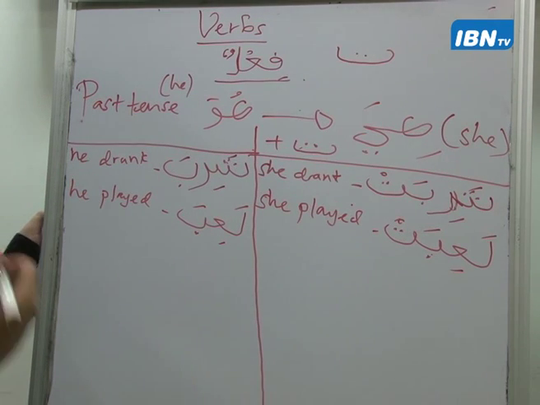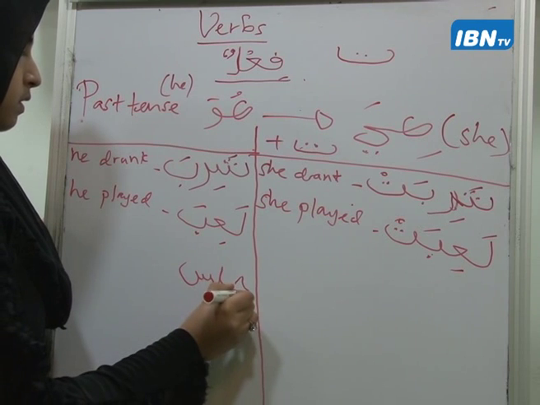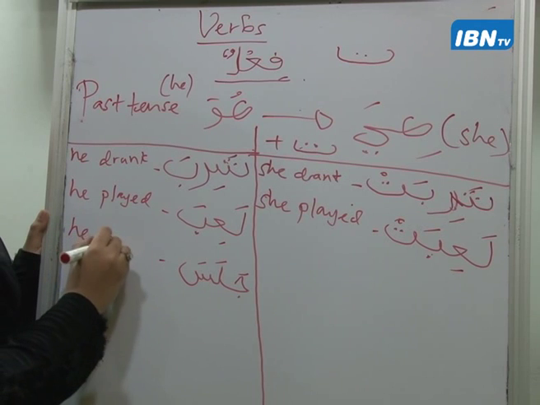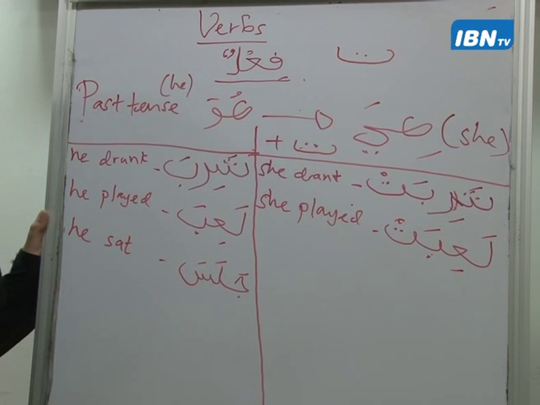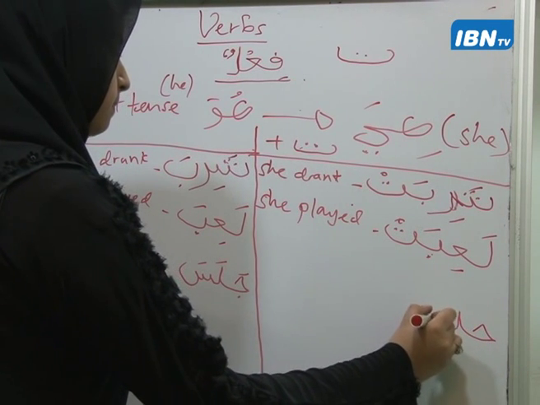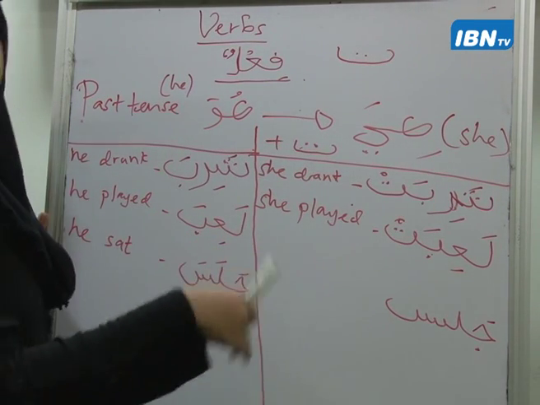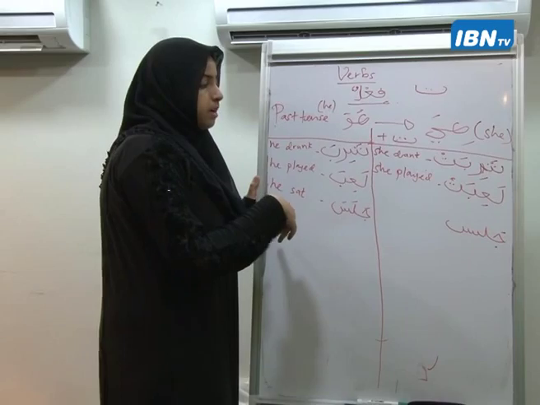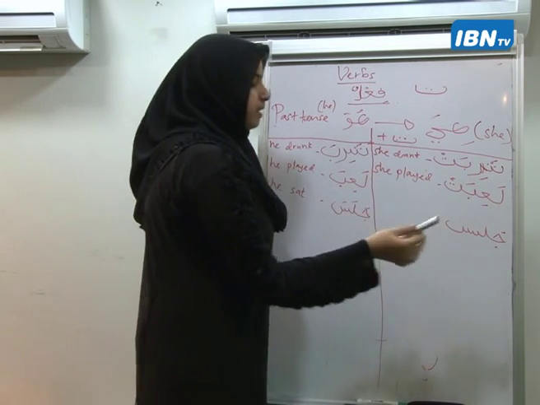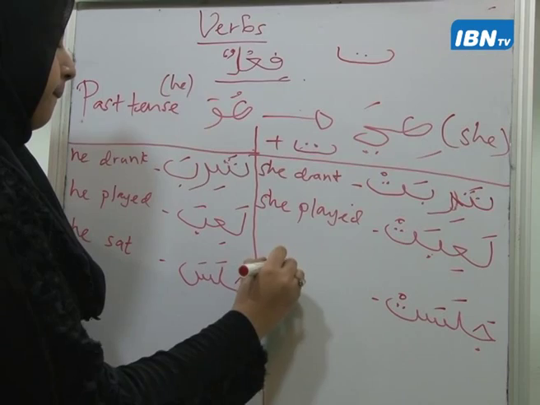Then I have jalasa, which means he sat. So I'm going to have jalasat. Notice it's the same trend. The only thing I'm doing to this verb in the masculine is adding an open ta to make it feminine. So jalasat means she sat.